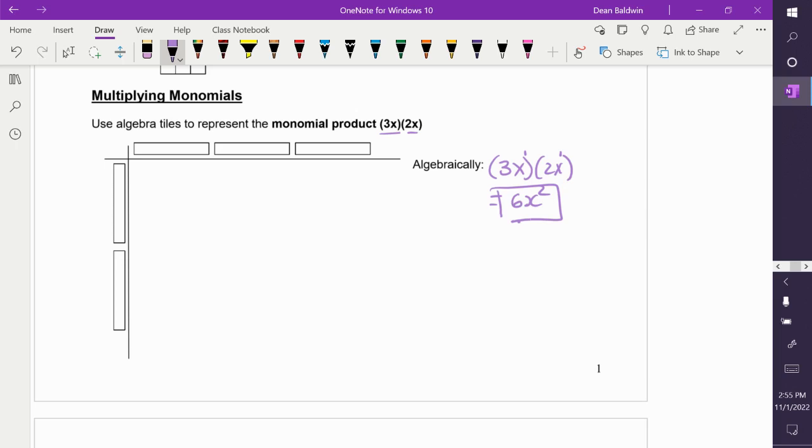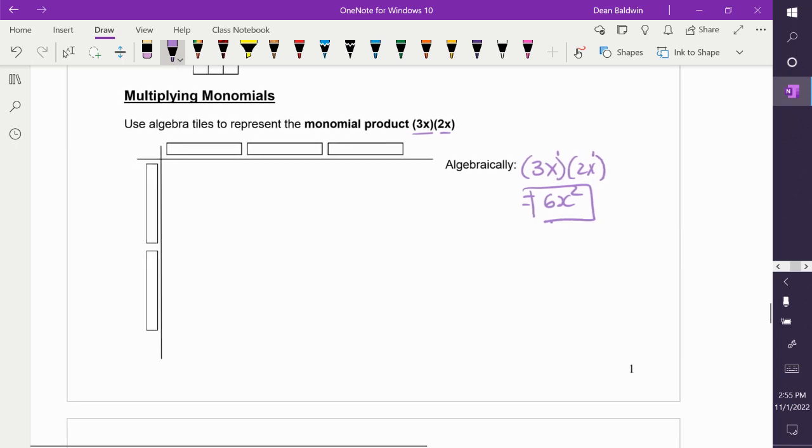Now let's do it with algebra tiles. If we come over here to algebra tiles, 3x is this stuff up here. Those are 3 x's, because they're positive. The 2 x's are down on the side here. If you multiply, I'm putting multiply in quotes, a rectangle and a rectangle, I put those together.